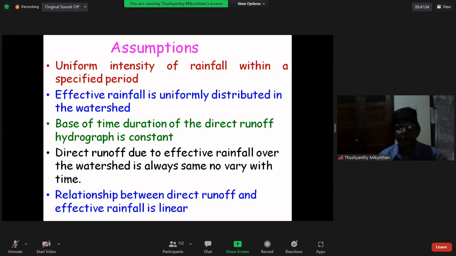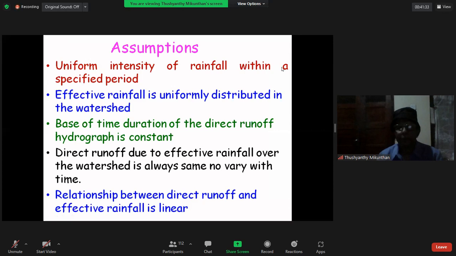So you know the definition of unit hydrograph. What are the assumptions we take to derive the unit hydrograph? First, uniform intensity of rainfall in a specified period.